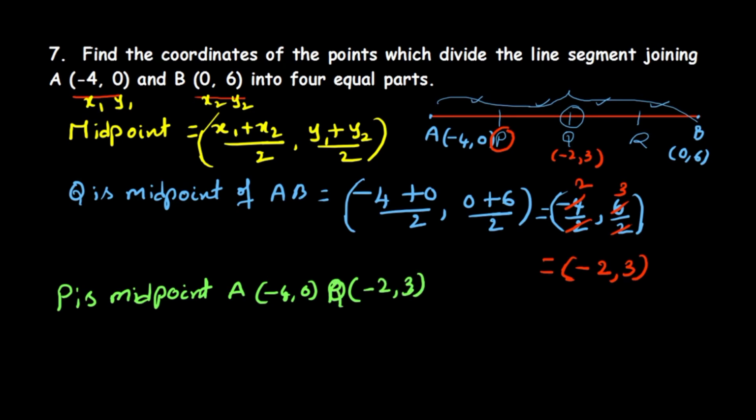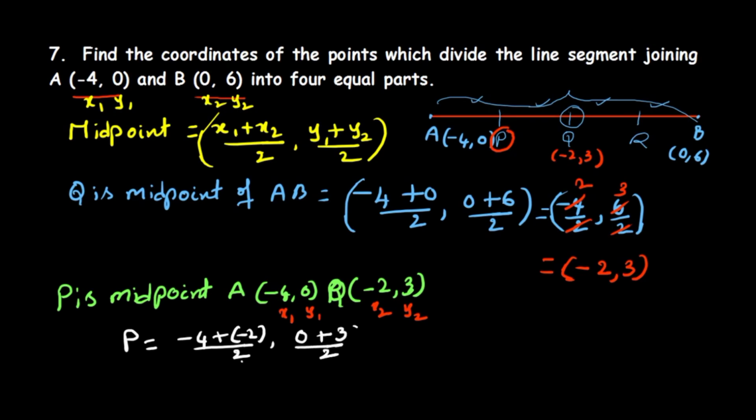Now as usual, this is x1 y1 and this is x2 y2. So we take x1 plus x2 by 2, y1 plus y2 by 2 as the formula. So P equals minus 4 plus of minus 2 by 2, and 0 plus 3 by 2.